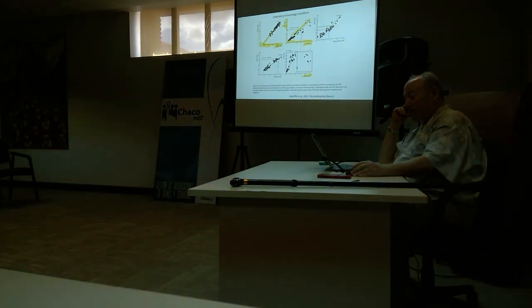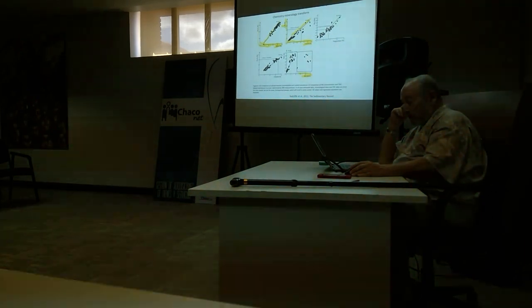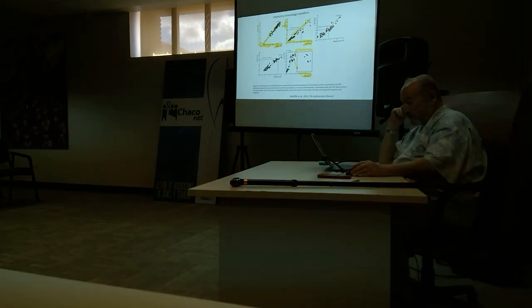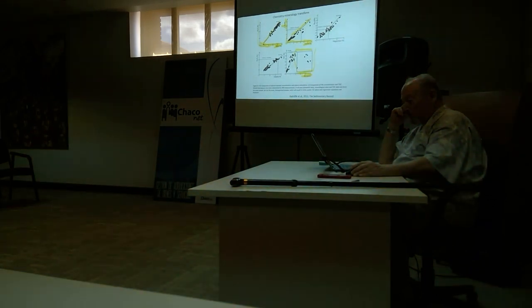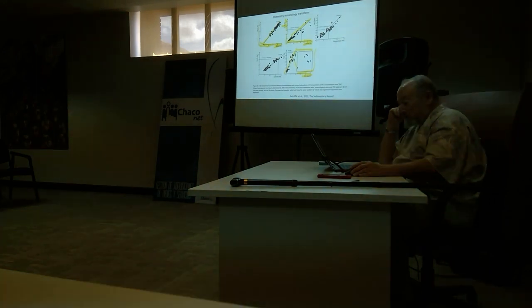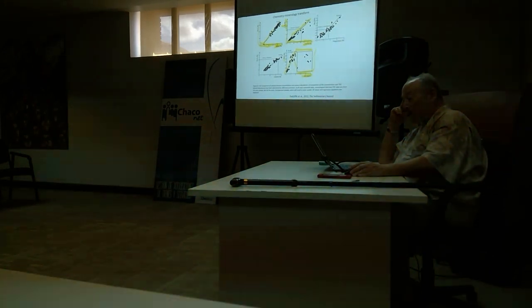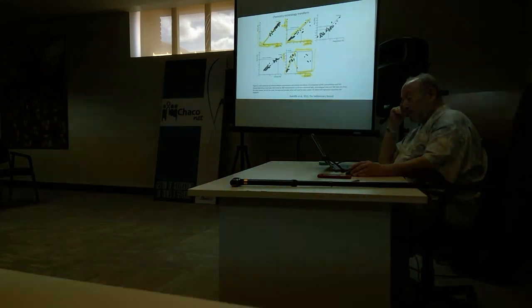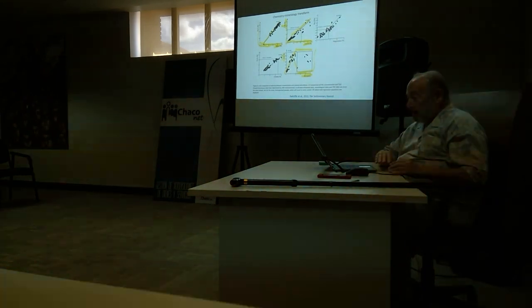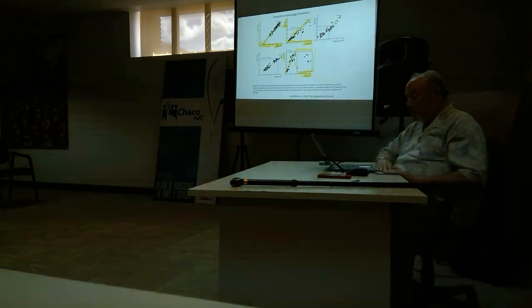Molybdenum, this one down here. I don't quite know what this is, but here's the molybdenum curve. Oh, I see what this is, a curve of total organic carbon, TOC, versus molybdenum. Well, there's a linear relationship again.